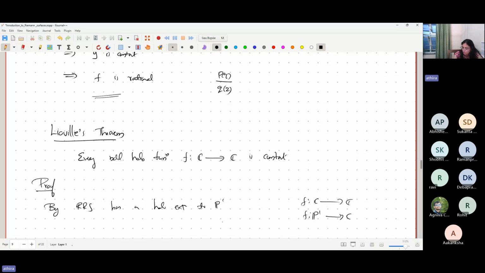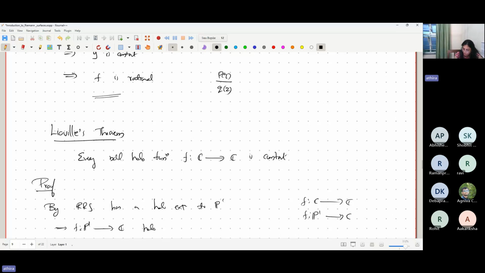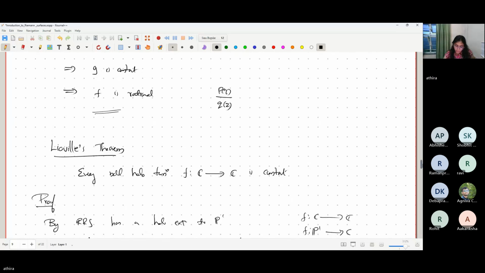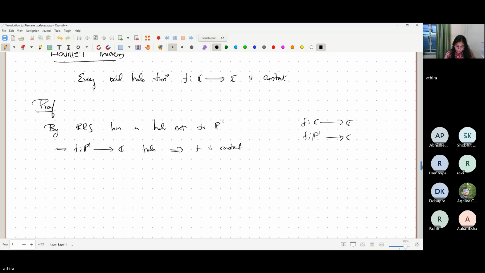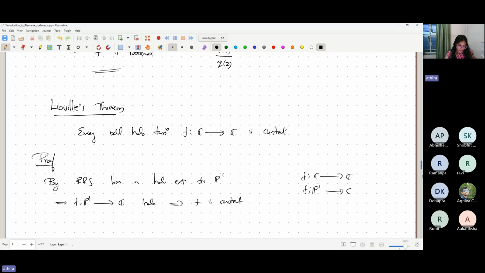So f has a holomorphic extension to infinity. That means f from P1 to C is holomorphic. A holomorphic function on a compact Riemann surface is constant. So f is constant. Is it clear?